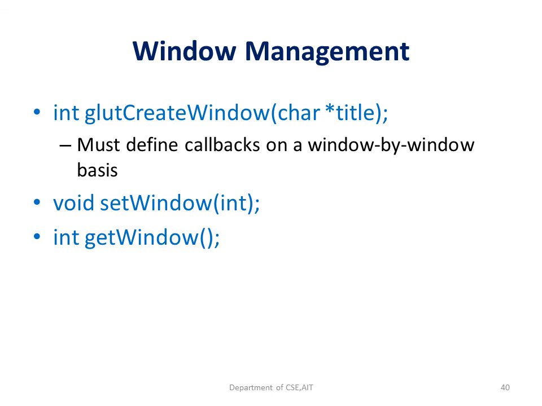If I want to see what is the number for my current window, I can get that by making use of get window. So this get window will return an integer, and that integer will correspond to the current working window.